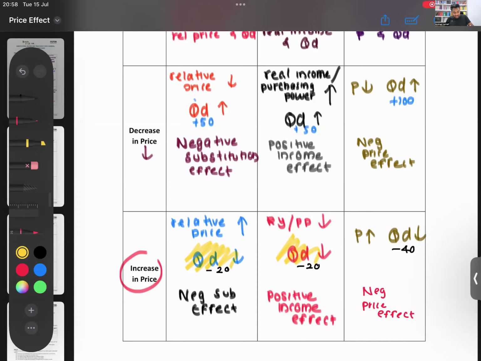So if price is reducing, QD increasing, or price increasing, QD reducing. Make notes. If a good has a negative price effect, what does that mean? That good is complying with the law of demand.